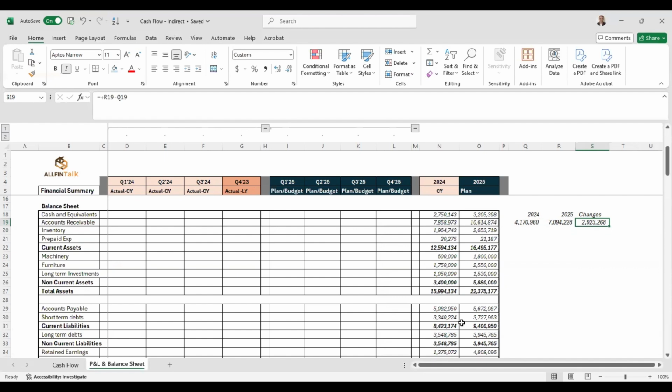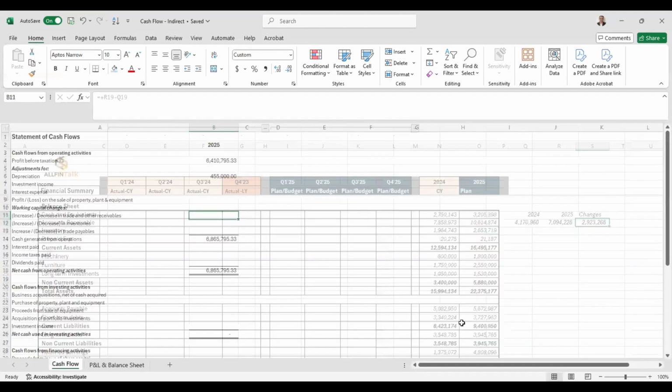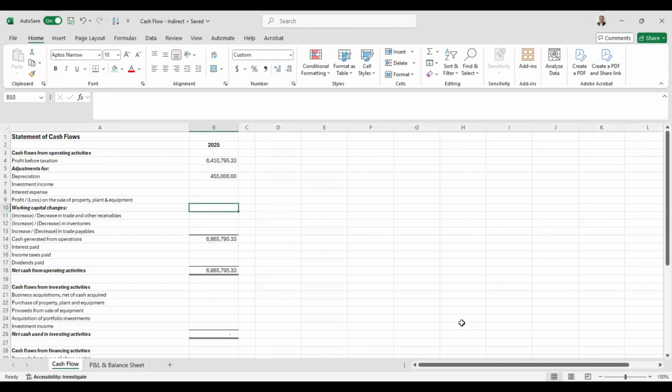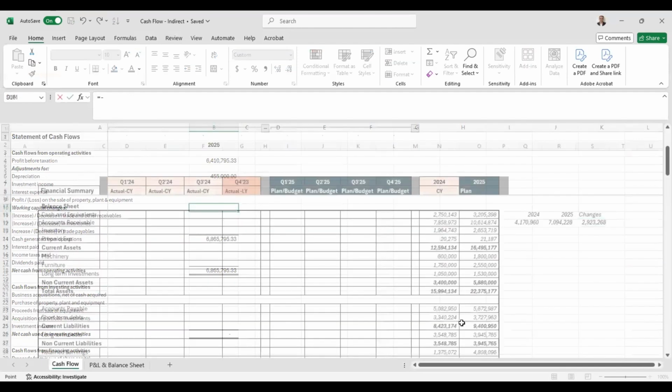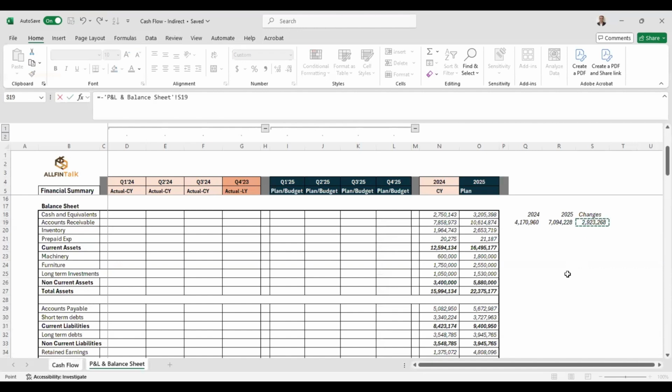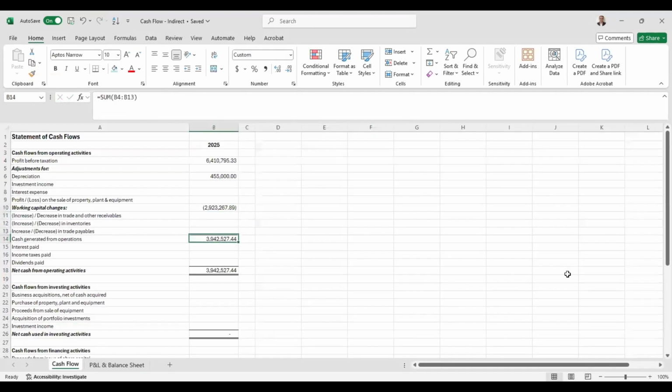So any increase in working capital is subtracted from my net profit. I'll do the same. Since this is an increase, a net positive, I would subtract. And if I have no further adjustments in terms of interest paid, income taxes paid, dividend paid, etc., this is my cash flow from operating activities.